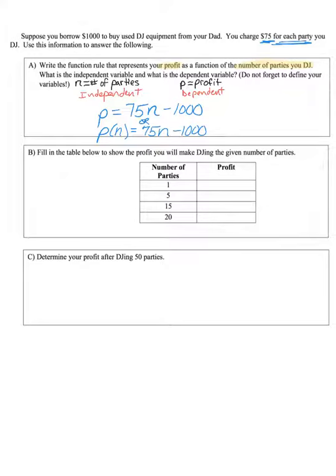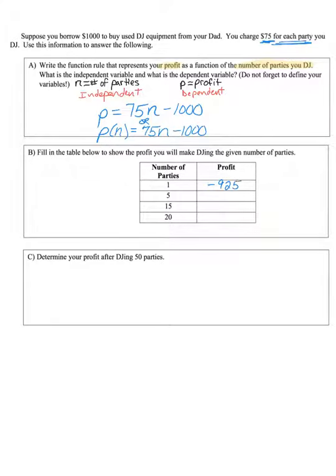So we can now simply take our 75 times our number of parties, which is 1, and then subtract 1,000 from that. And for our first value in our table, you should be able to see that we are going to end up with negative $925, or negative 925.